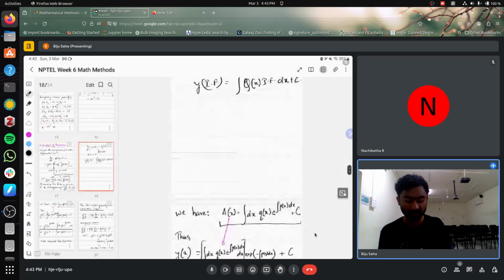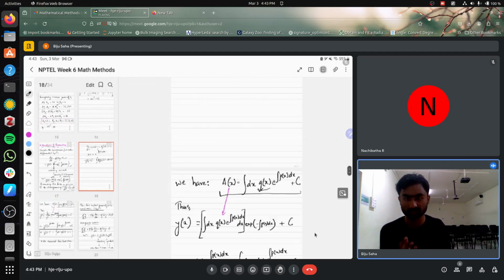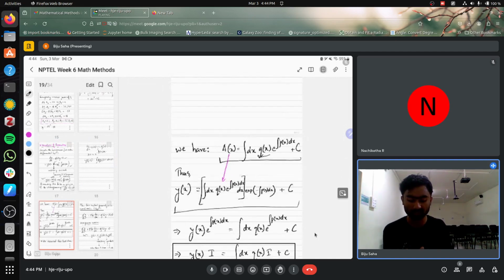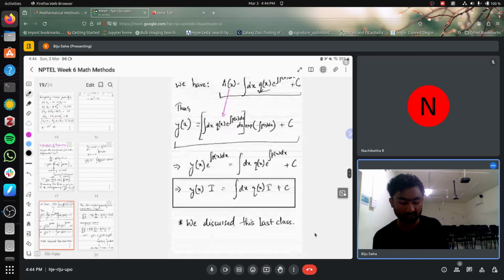That led to a constraint on a(x), that it has to be of this form, where q(x) is present here, and in the exponential of e there is the integration of p(x) dx. So overall we have y(x), the solution to the inhomogeneous first order differential equation, as this. We can do some manipulation and we see that this is what we discussed in the last class.